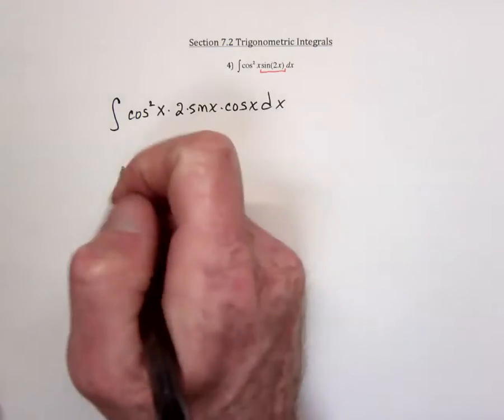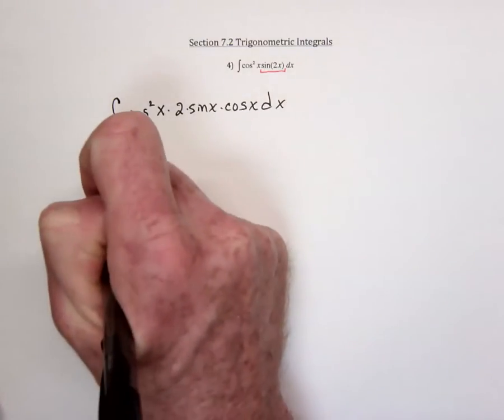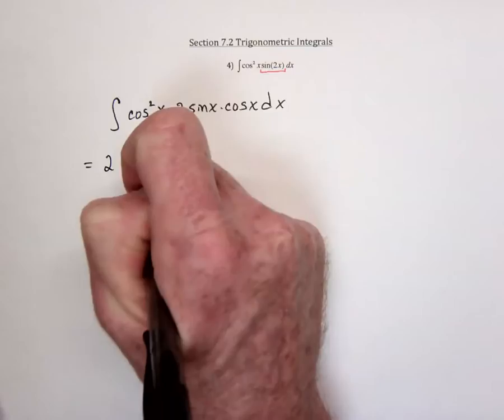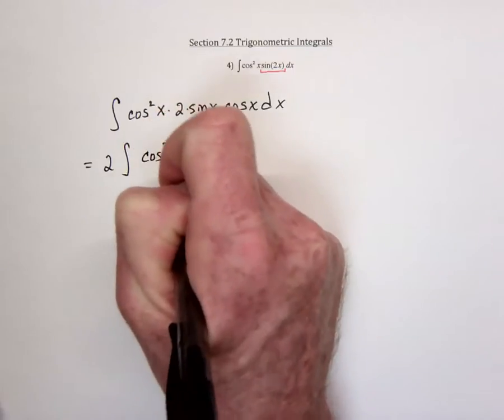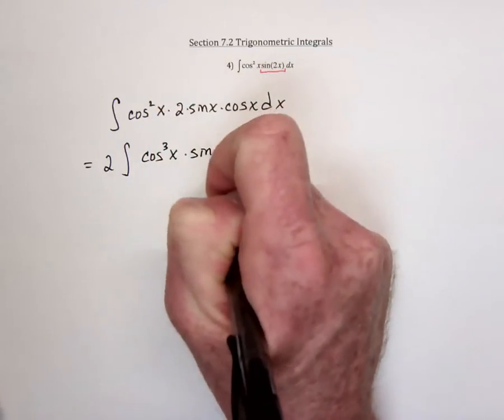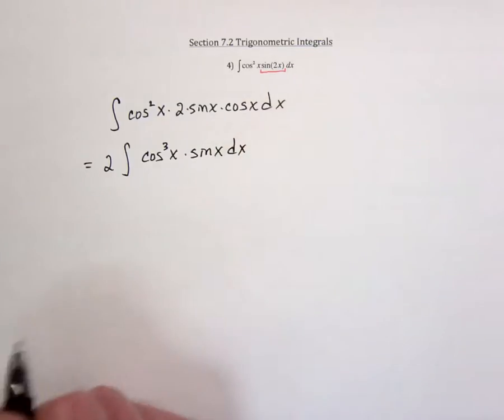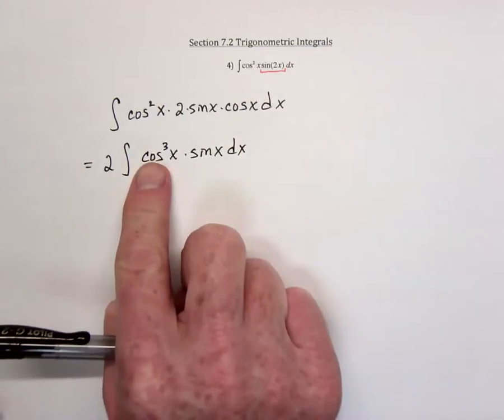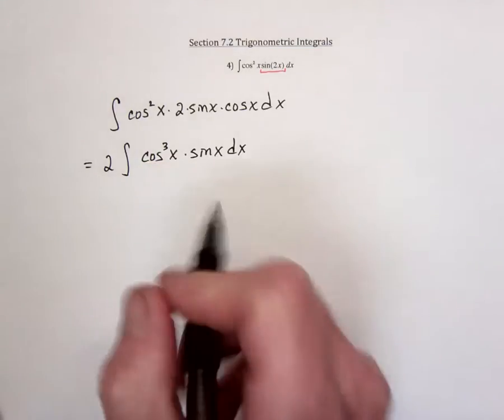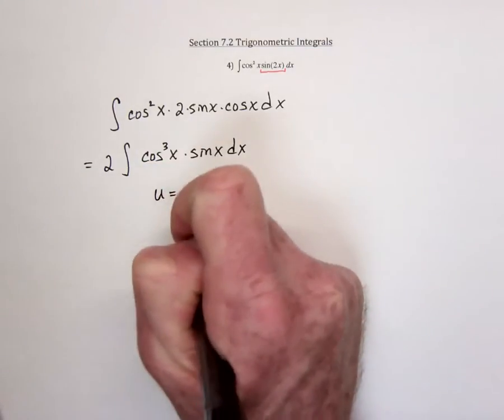I'm going to clean this up a little bit. I could factor out the 2 and rewrite it as cosine cubed times sine of x dx. So then this, being inside the cube function, is a good idea for the u of the u substitution.